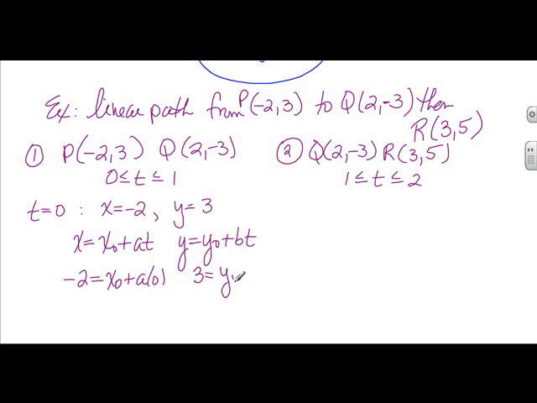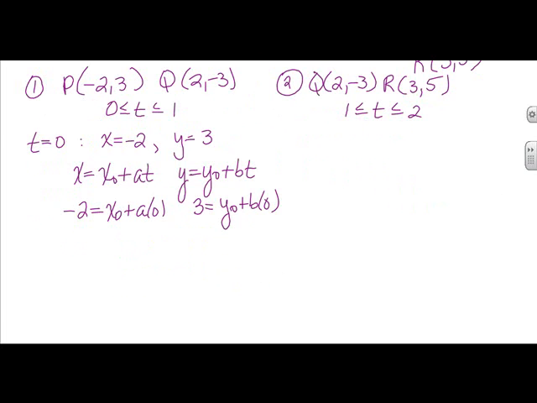And that gives you -2 for x sub 0 and positive 3 for y sub 0. So the x equation is going to be -2 plus a times t, and the y equation is going to be 3 plus b times t.